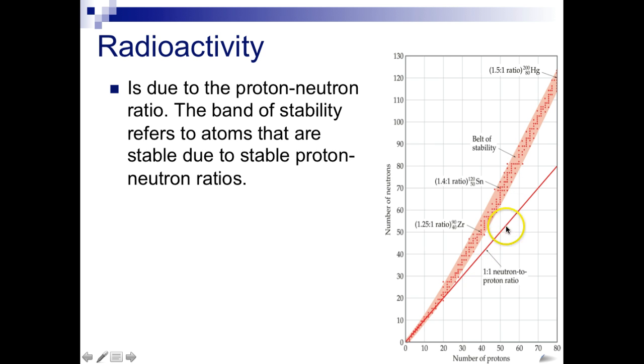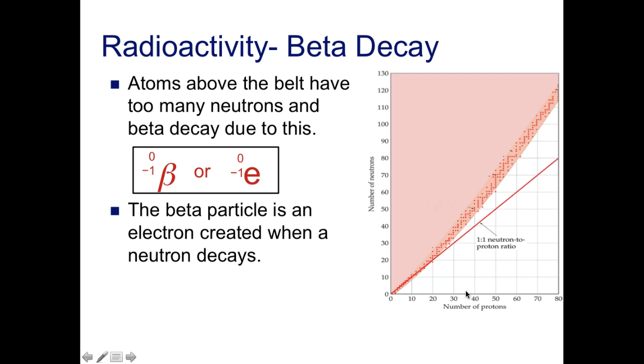For example, the best stability to have would be a 1-to-1 proton-neutron ratio. Atoms that are above the belt have too many neutrons and beta decay due to this. So anything above this belt, all of this, will undergo beta decay. The beta particle is an electron created when a neutron decays.